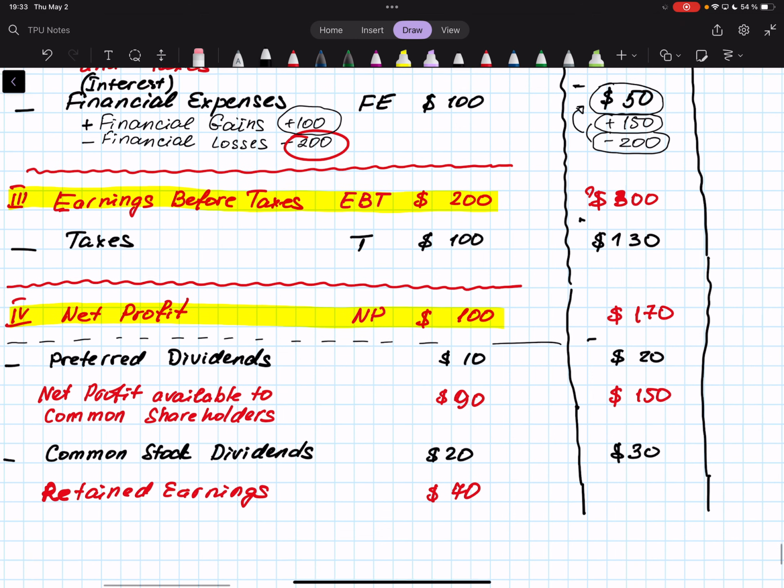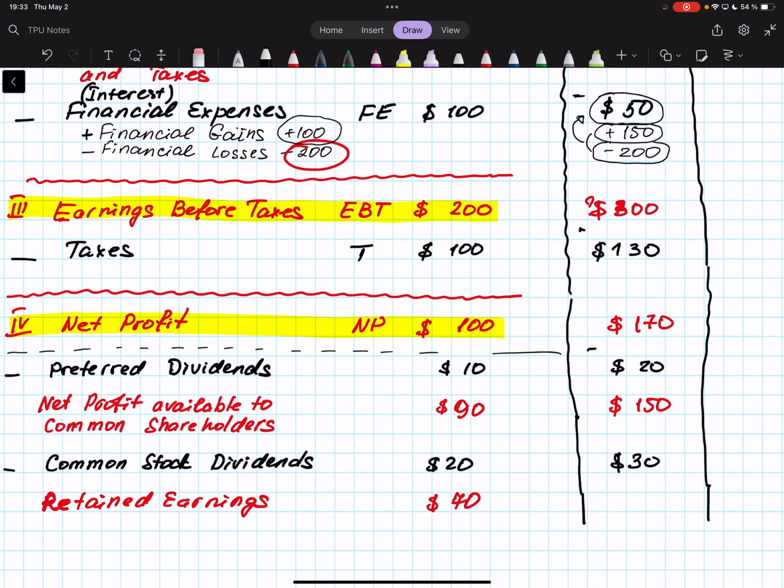It's like the more earnings before taxes you make, the more taxes you will pay. But it's not direct, like a certain percentage, because there may be many different taxes included in the calculation. So it's kind of, if the profit grows, taxes grow. If the net profit grows, preferred dividends grow.